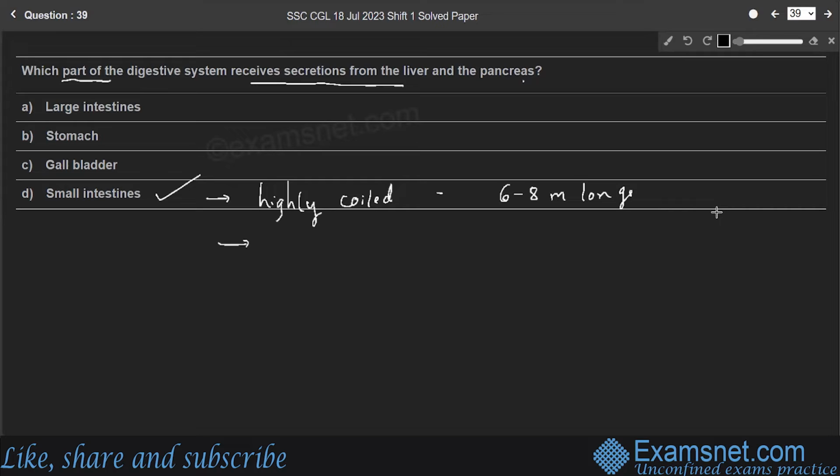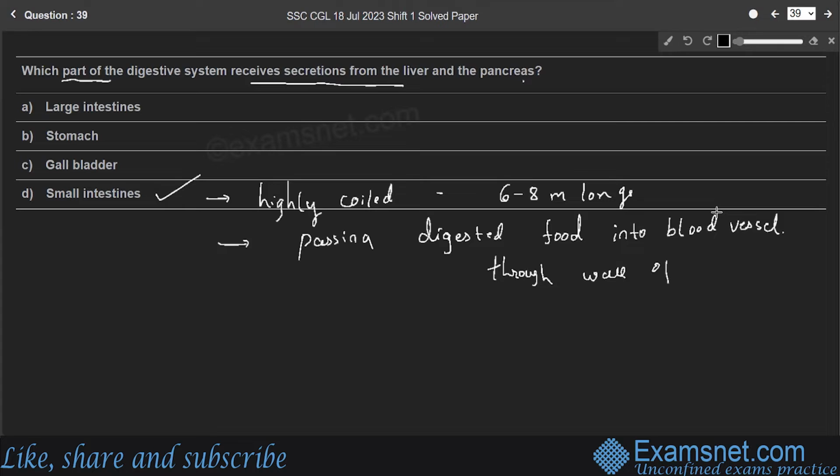The process of passing the digested food into blood vessels through the walls of the intestine is called absorption.